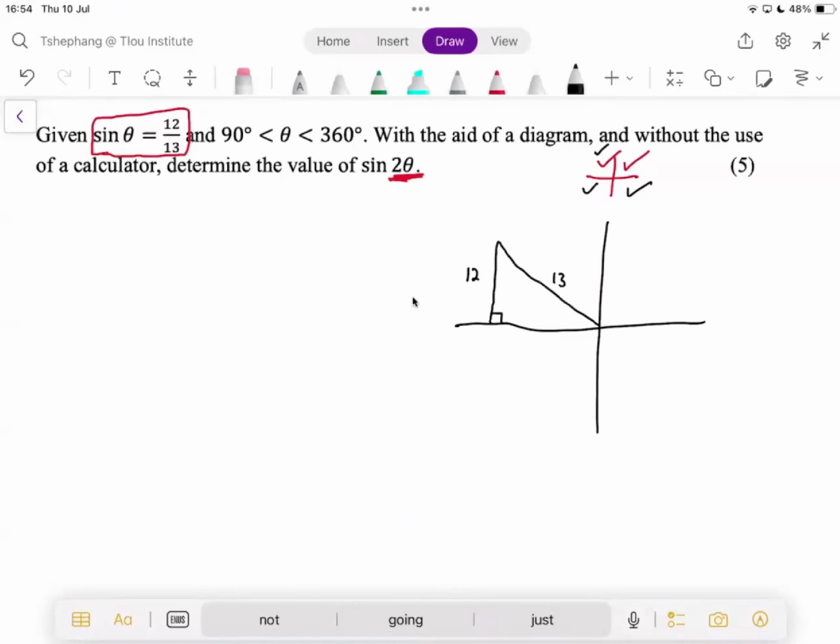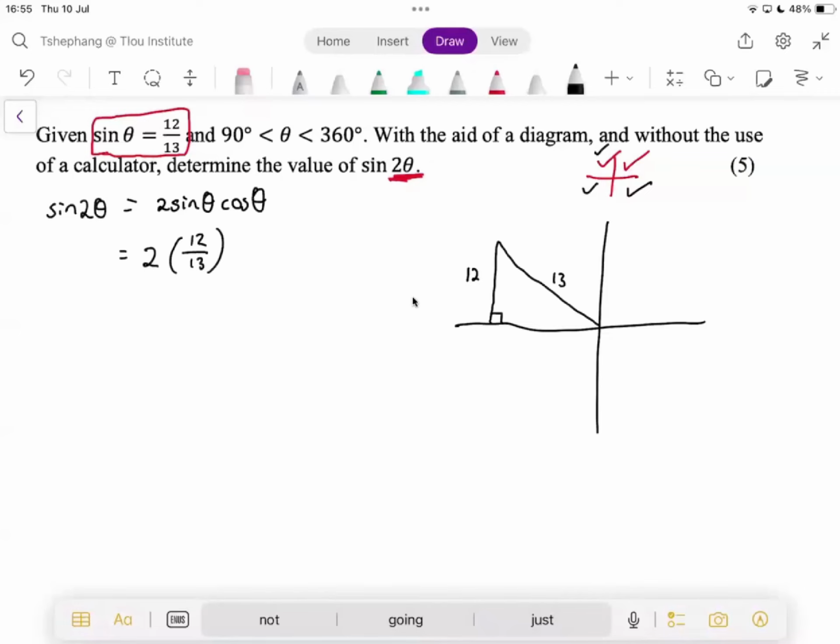Now, we want sine of 2 theta. What do we know about that? Sine of 2 theta is equal to 2 sine of theta cos of theta. Then this is going to be 2. What is sine of theta? 12 over 13.